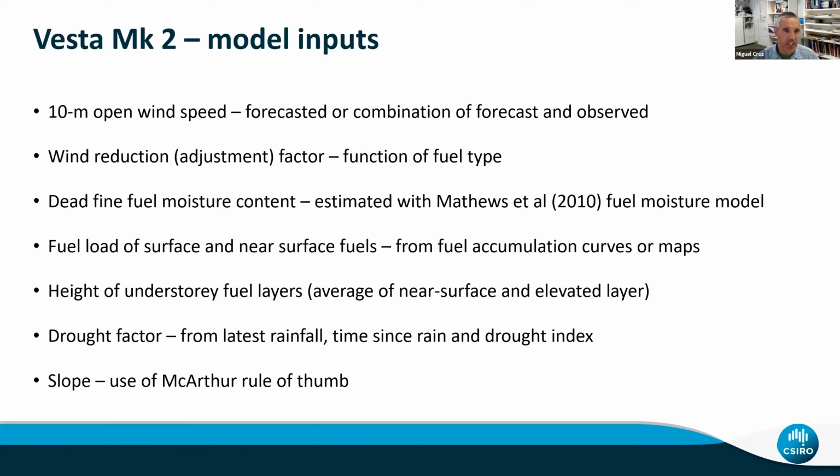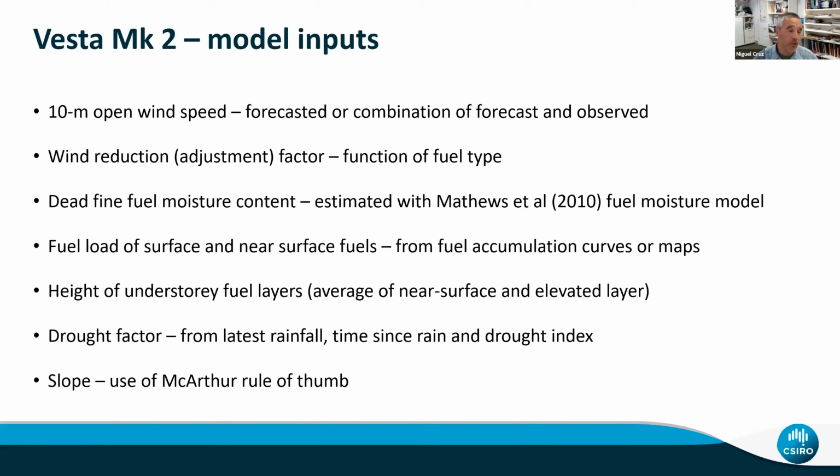Some jurisdictions already have the information that was used for applying VESTA, namely near surface fuel height for the rate of spread of VESTA and elevated fuel height that was used for flame height calculations with VESTA. So some of this information already exists or needs to be determined or approximated from knowledge of fuel types and things like that.